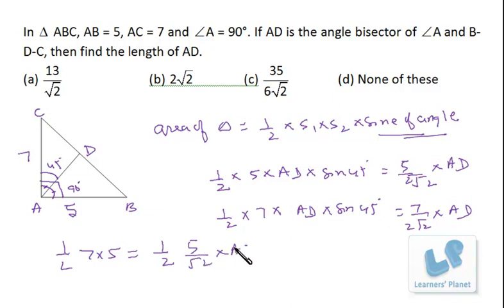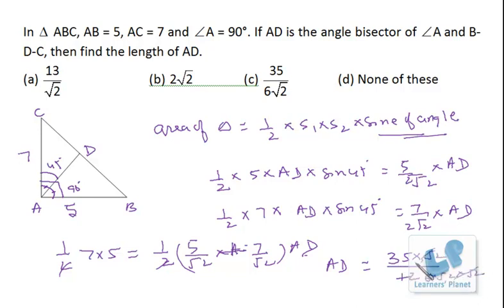So half of 5 by root 2 plus 7 by root 2, AD. Okay, so AD is equal to 35 into root 2 over 12, or we can say it is 6 into root 2 into root 2.